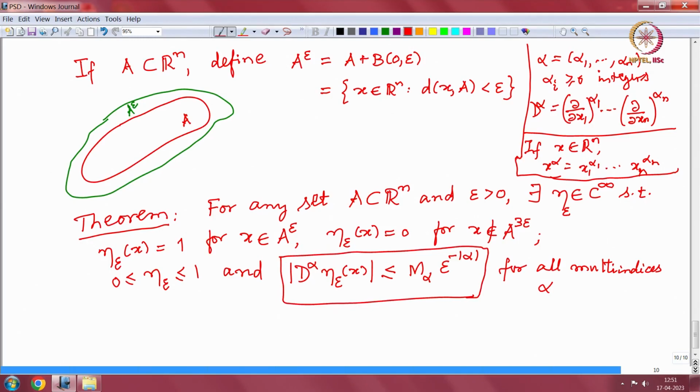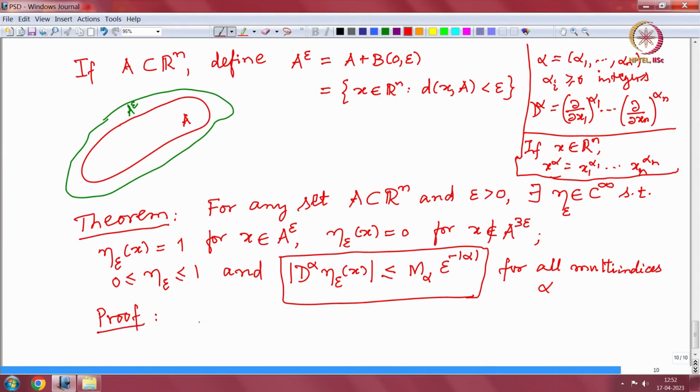Okay, so often we use this theorem for a compact set in Rn. So how this is proved: I just mention what this eta epsilon function is. Then you can verify yourself all these conditions.